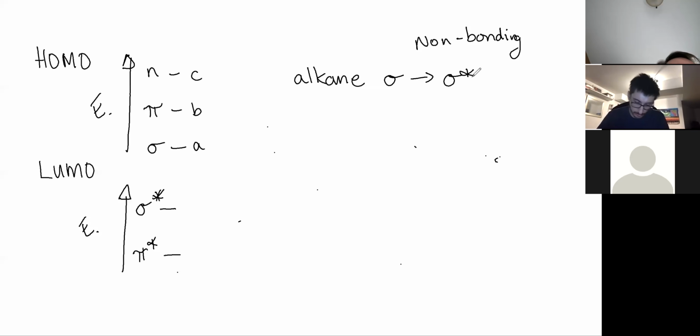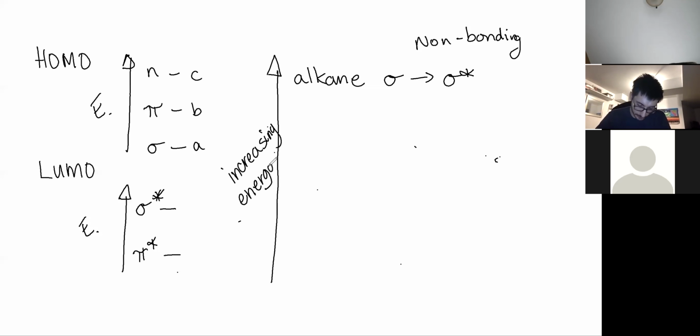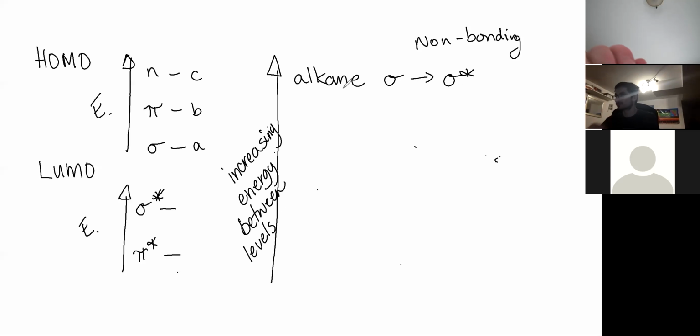Out of all of the energy differences, if we make a little graph here, this is increasing energy. This would be the highest energy, because, let me erase this.